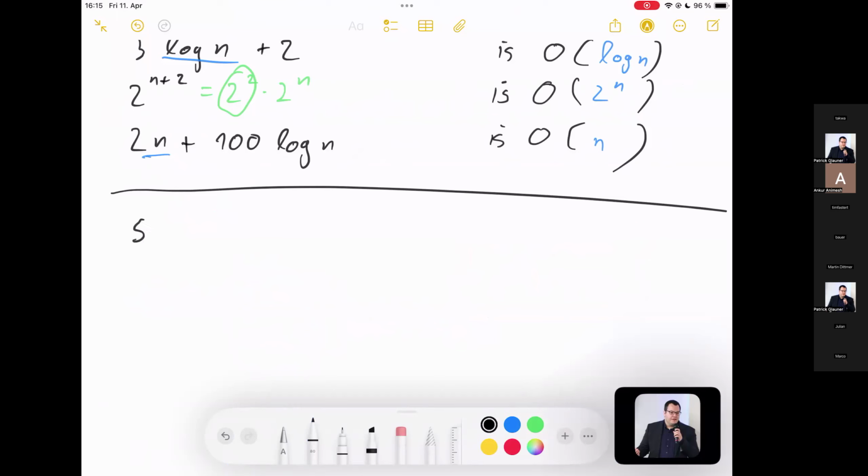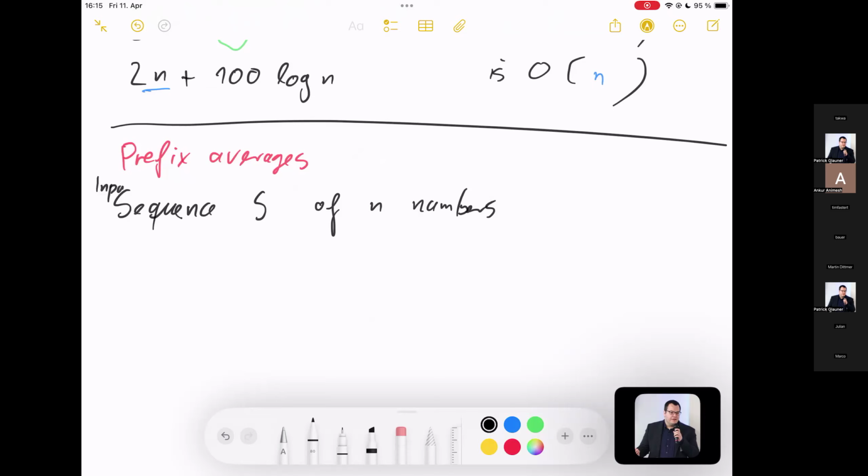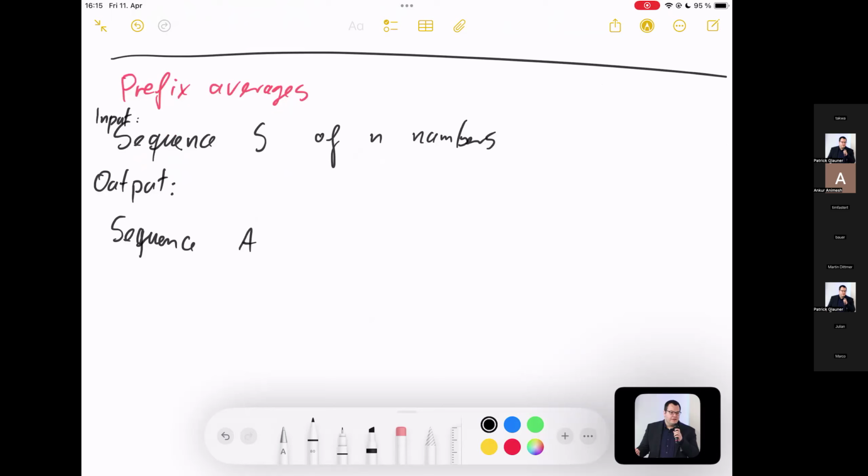We have a sequence S of n numbers, and we want to compute, so this would be the input, and the output, we will have a sequence A for which our A_j is the average of elements S_0 up to S_j.